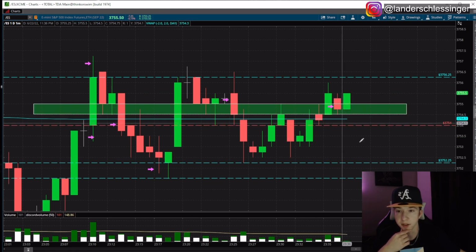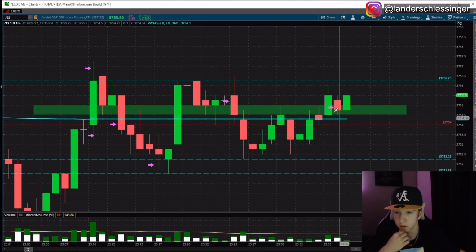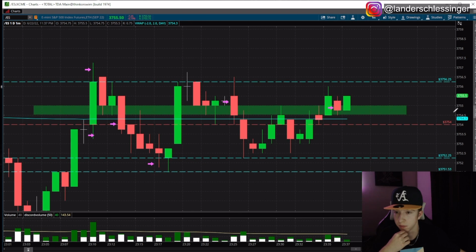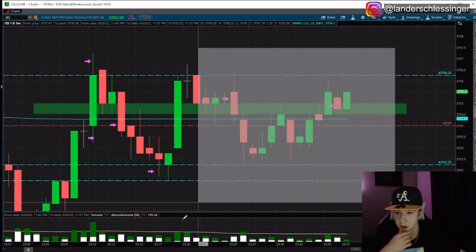I like how price is reacting at the zone, which is the reason why I bought calls right there. I want to see if we can push that new high. That's what I really want on this trade right here.